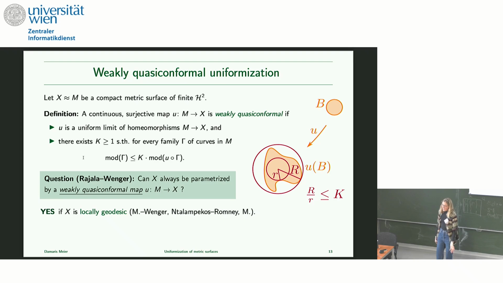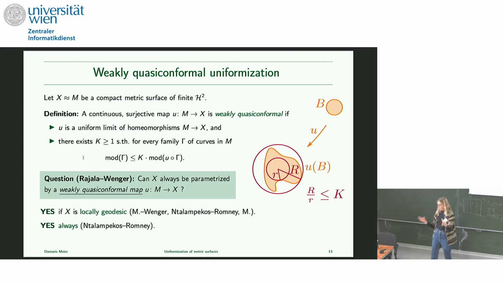At the very same time, without us knowing, and by applying a very different strategy, Ntalampekos and Romney were working on it. With their proof strategy, they were able to drop this assumption of being locally geodesic.